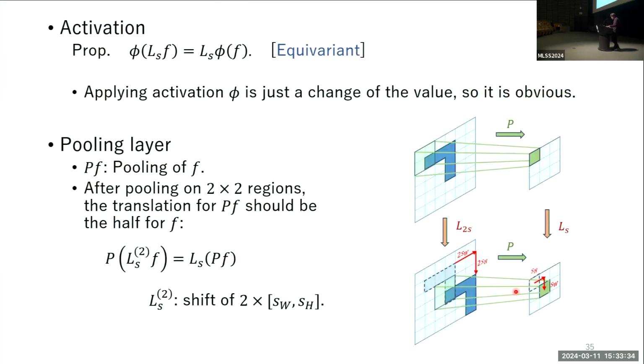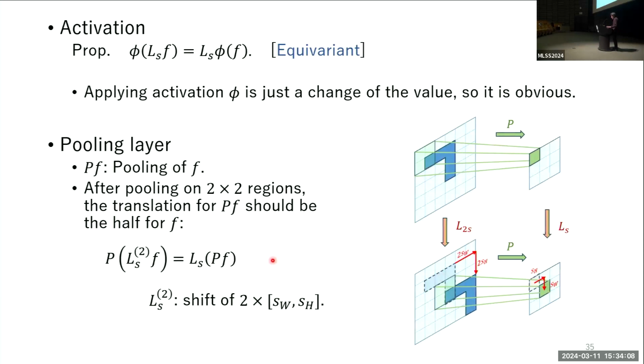And the pooling layer is a little bit complicated because it shrinks the spatial size. In that case, we need to consider a different group action on the reduced spatial domain. If the original signal is shifted by 2 times 2 for max pooling, for example, we need to consider only a 1 pixel shift after the pooling layer.